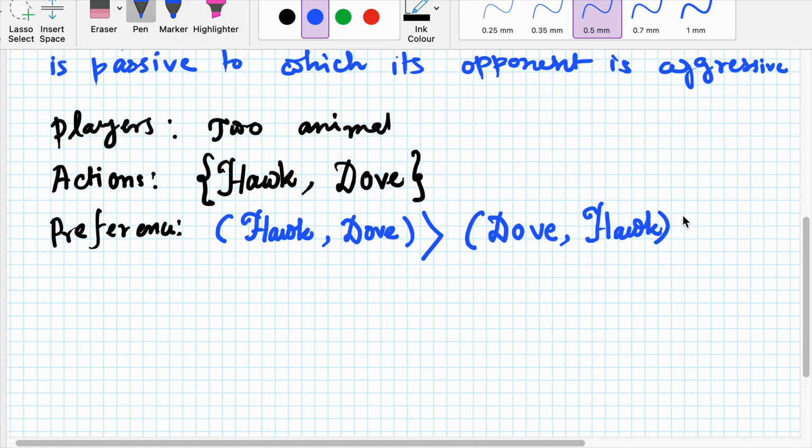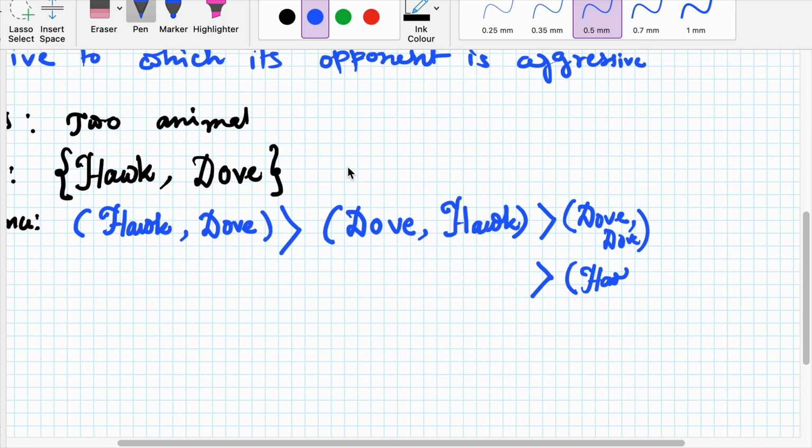So this situation is more preferred. Then the situation where everyone is dove, where both leave, is next preferred. The least preferred is that both of them become very aggressive. Dove-dove means both of them are not getting anything out of this conflict; both become passive and leave the ground.